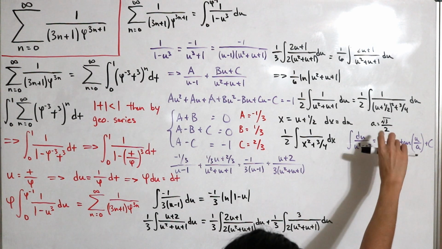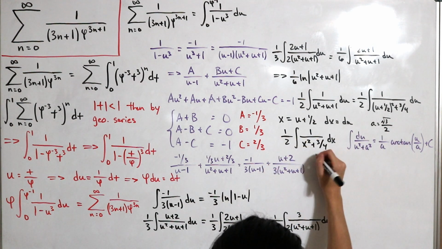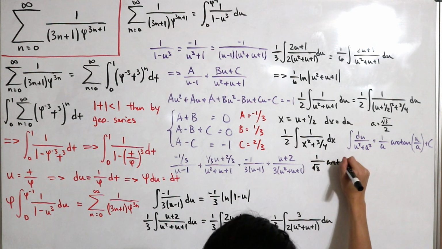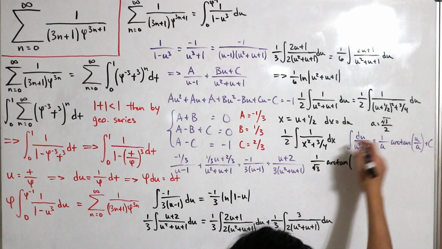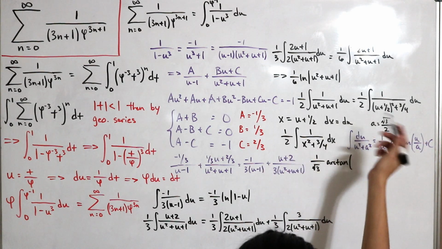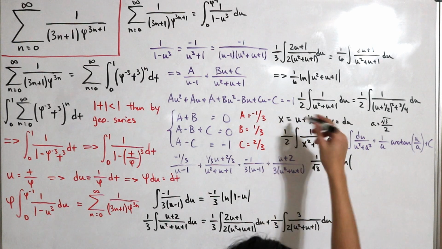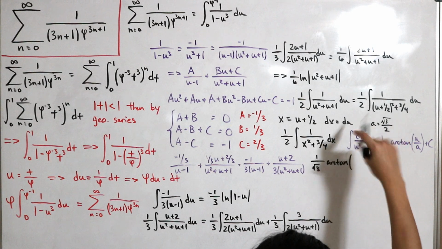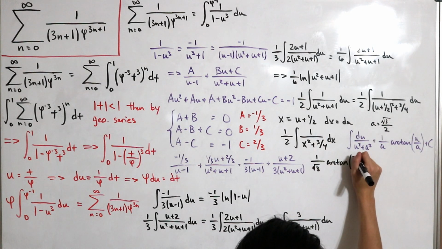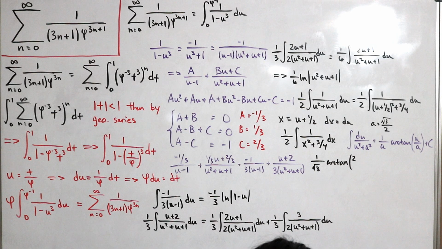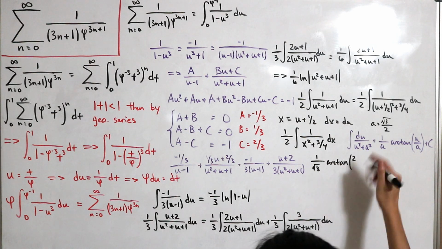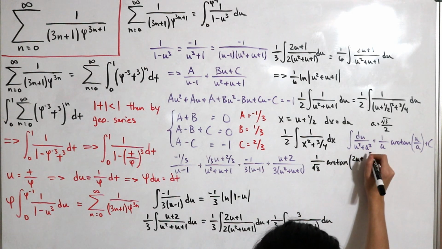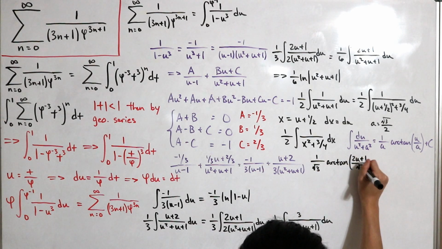Plug this back in, so this reciprocal flips, then the 2's will cancel, so I'm just left with 1 divided by the square root of 3, then times arctan of, so x in this case would be u plus 1/2, and then multiply with the a, which is the flipped reciprocal, so this is just 2 times u plus 1/2. I'll just distribute the 2 in, so this will be 2u plus 1, then divided by the square root of 3.